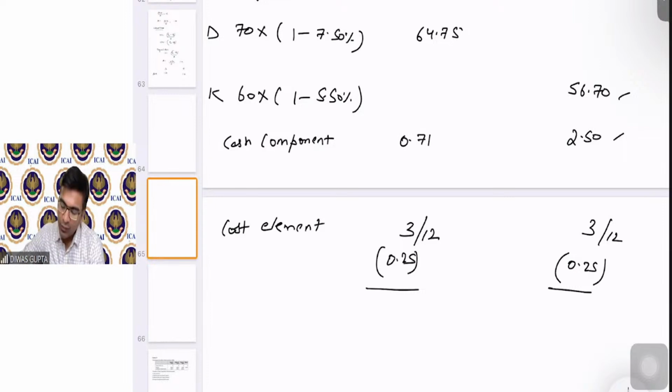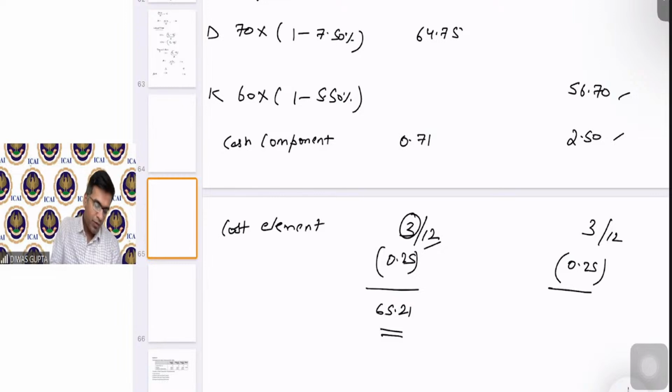See, 3 is the annual cost. Divide by 12 will give us the per month cost, Tanisha. So there is no need for taking it for 3 months, okay? 65.21. Here it becomes 56.7 plus 2.5 minus 0.25 is equal to 58.95.